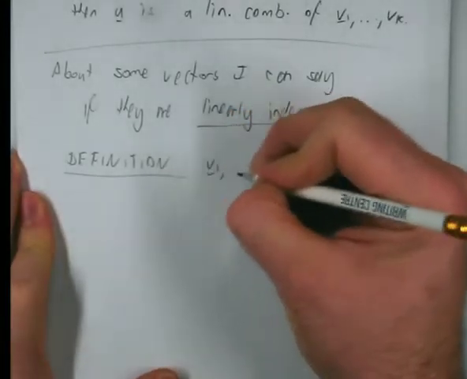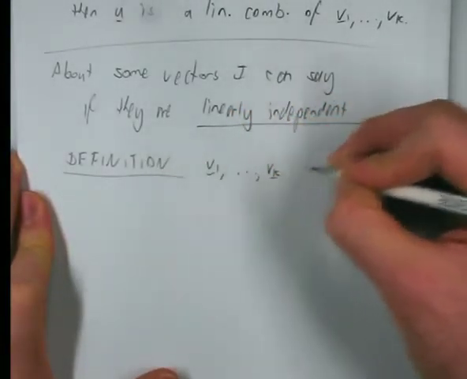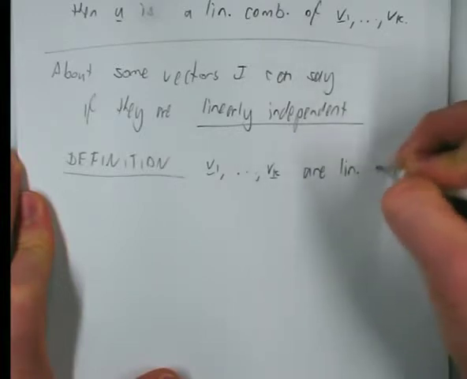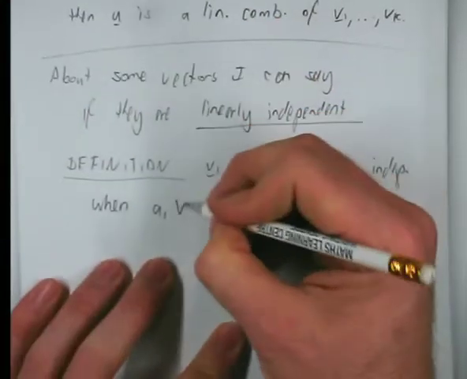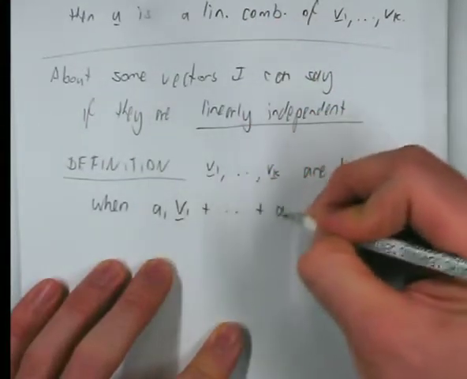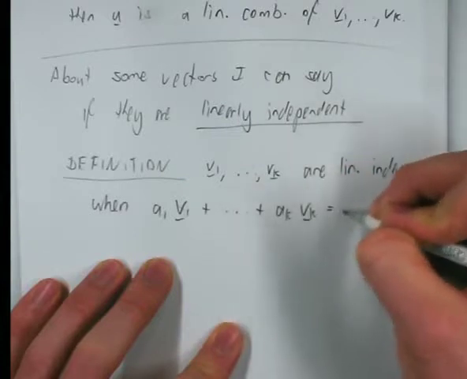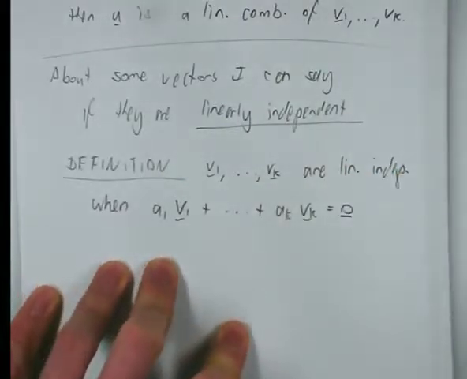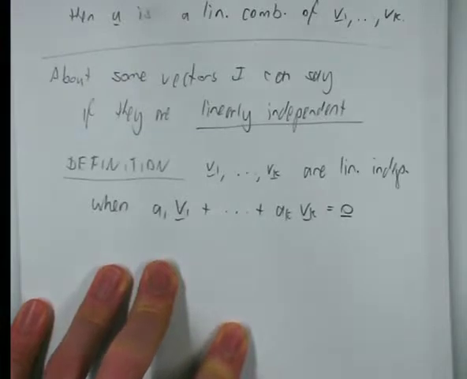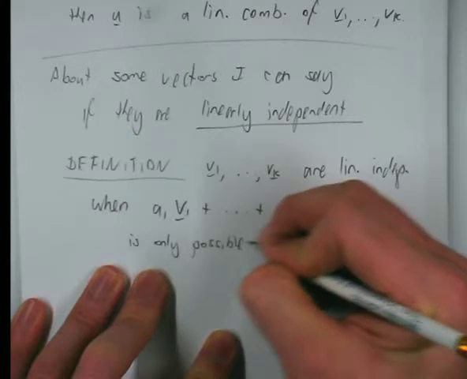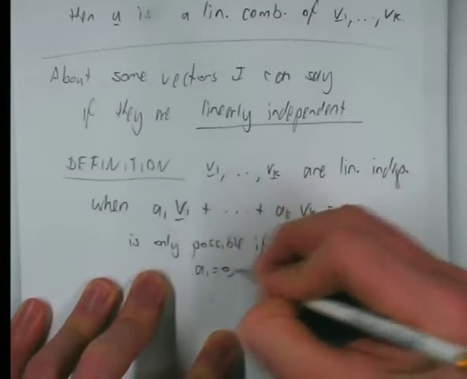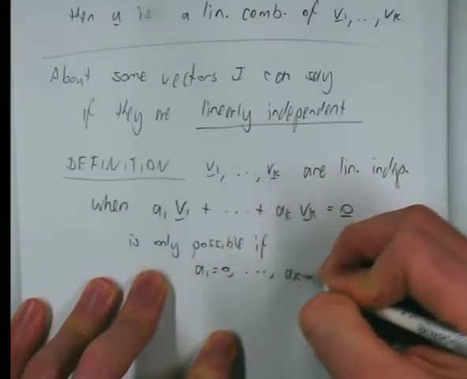So V1 up to Vk as a list together are linearly independent when this equation only has the solution that all the a's have to be 0. You know, is only possible if A1 is 0, all the way up to AK is 0.